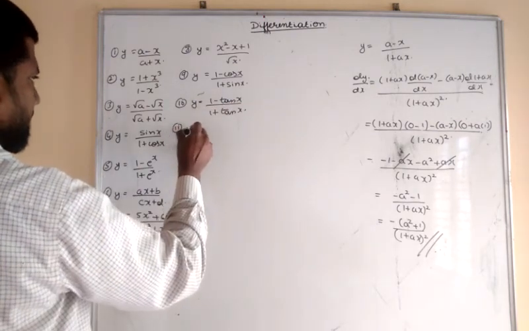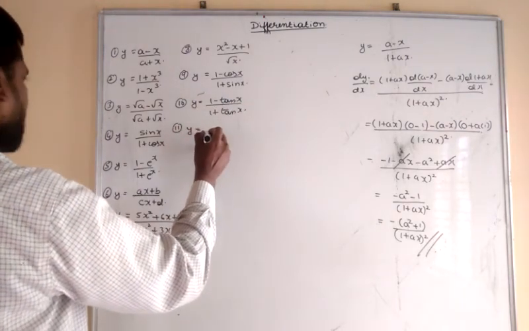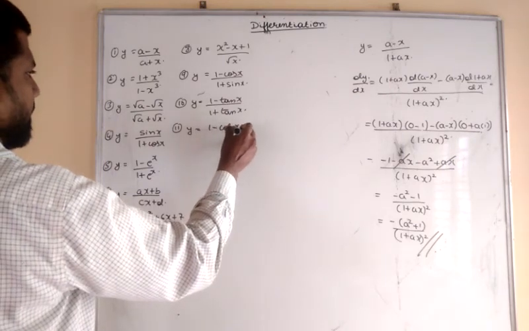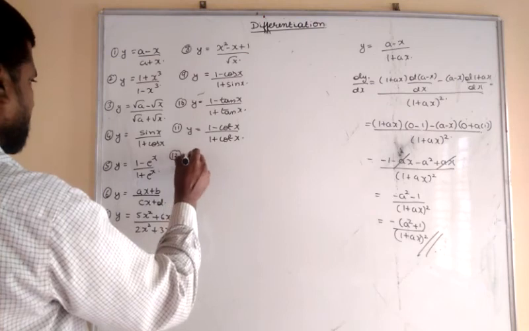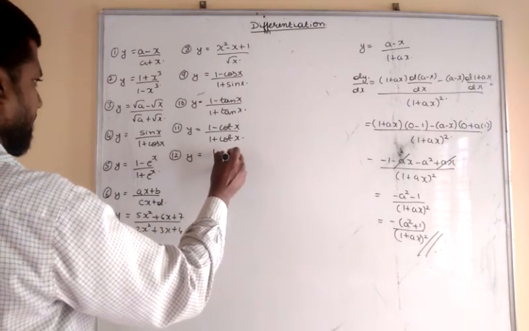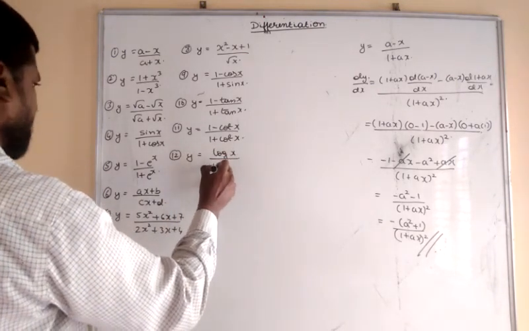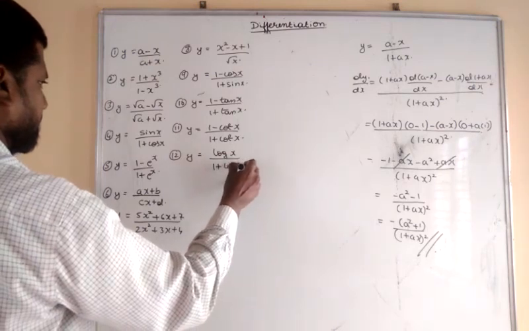Then 11th one, (1 minus cot x) by (1 plus cot x). 12th one, y is equal to log x by (1 plus log x).